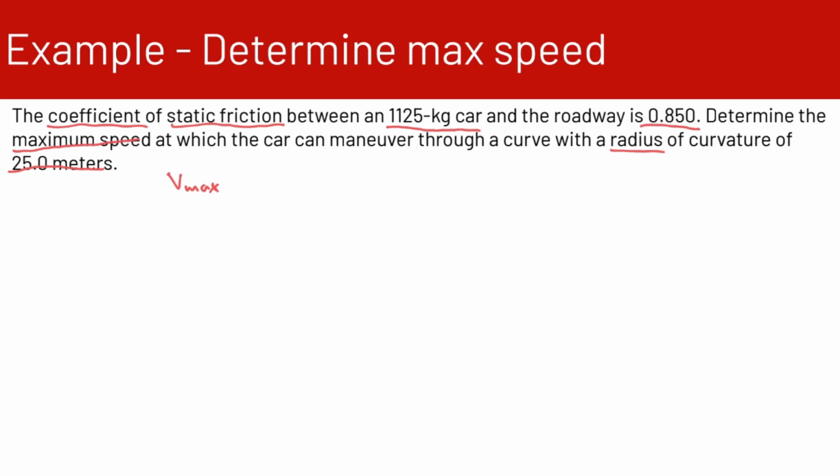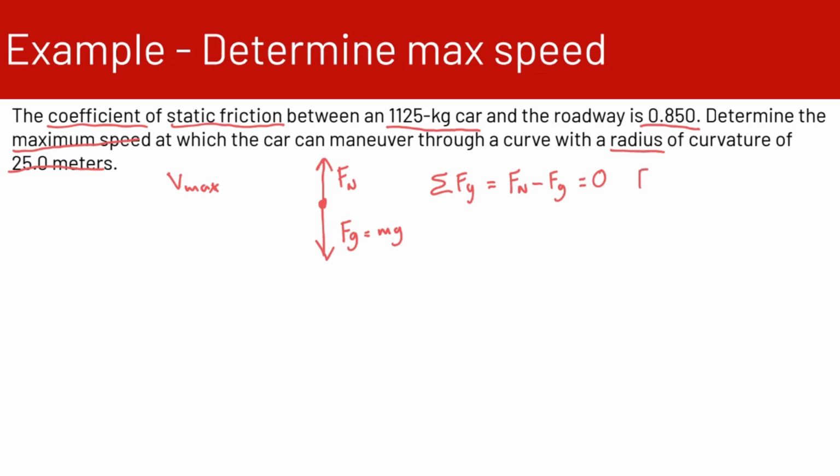The first thing we need to do is draw a free body diagram so that we can figure out our friction force. We have Fg and the normal force. If we do a sum of forces in the y direction, Fg is equal to mg. In the y direction, we have Fn minus Fg, which is equal to 0, since there's no acceleration in the y direction.